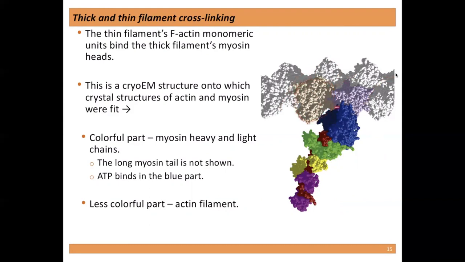And this is the myosin head right here. And the blue part is where the ATP binds. The long myosin tail is not shown here. But there is a fairly strong interaction between myosin and actin, these two fibers here.